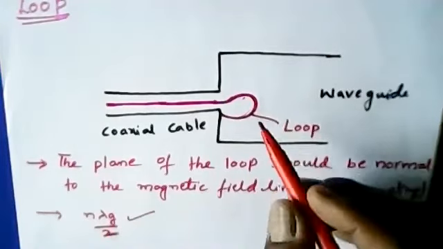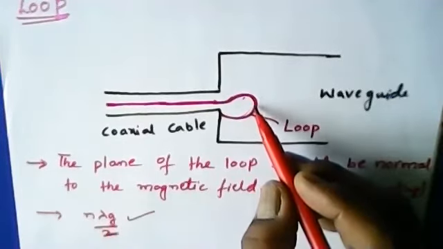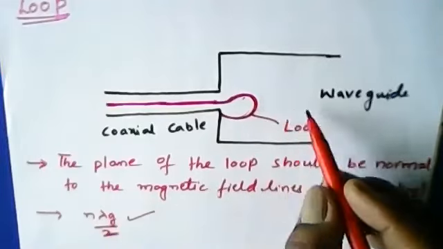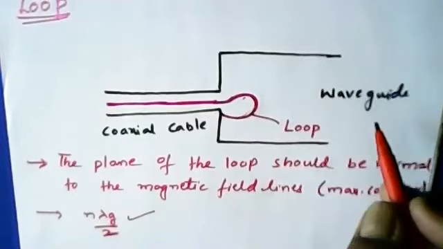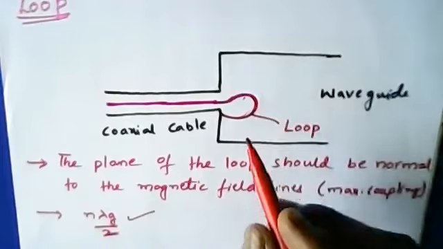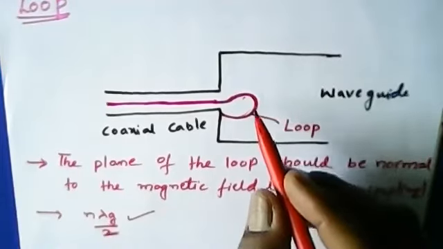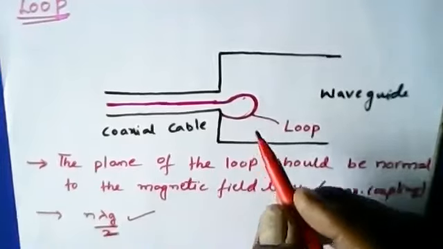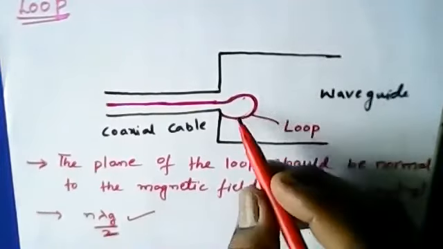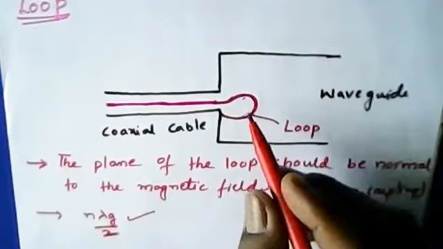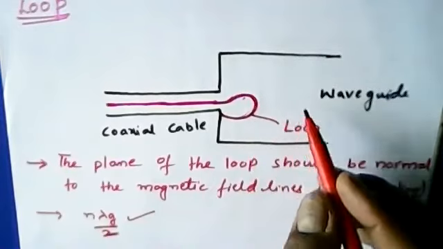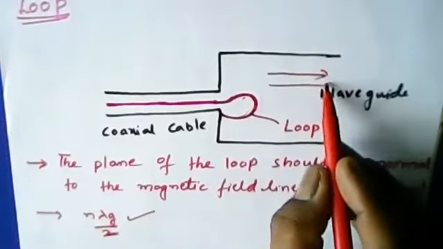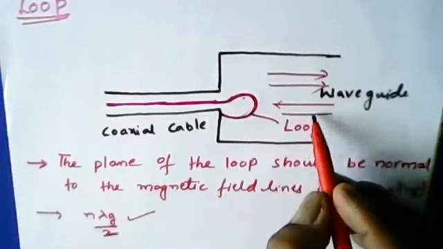Also, the signals which are generated and coming out into the waveguide should all remain normal to the magnetic field lines which are produced. These are all the things we need to fulfill. Only then will we get the maximum coupling, and all the signals will be easily transmitted and received.